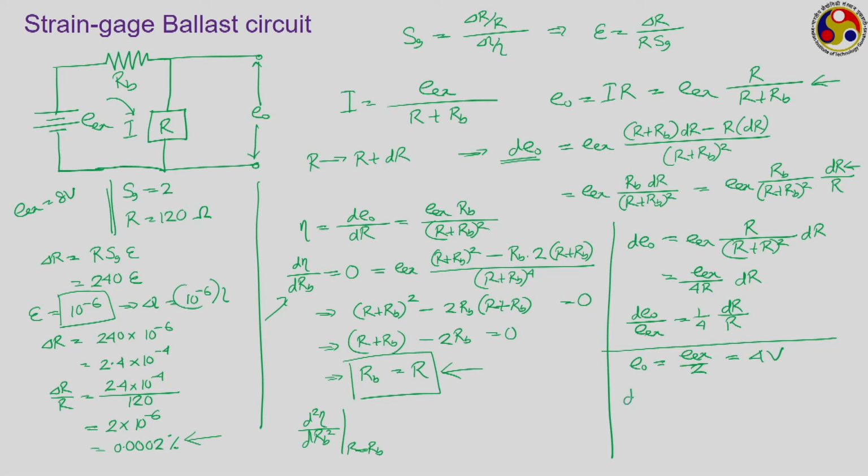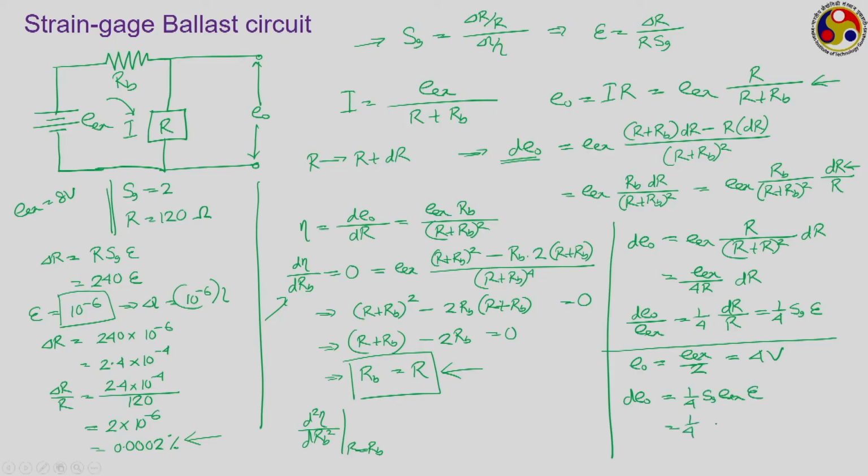Now, how much is then dE naught? Let us relate this dR to the corresponding gauge factor, or the corresponding strain. So, 1 by 4 into dR by R will be equal to Sg into epsilon. So, dE naught will be equal to 1/4 into Sg into EEX into epsilon.